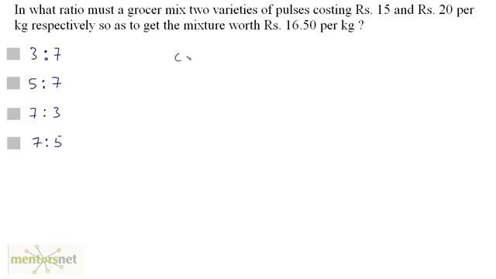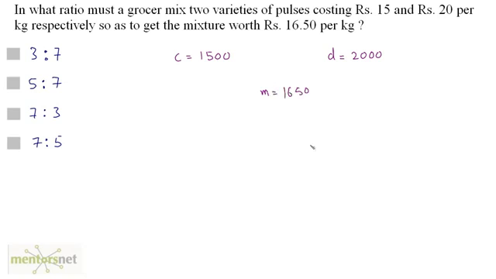So the cheaper variety costs 15 rupees, that's 1500 paise, and the costlier variety costs rupees 20, that's 2000 paise. And we have been given the cost of the mixture, that is the mean price, right? And that's 1650 paise.